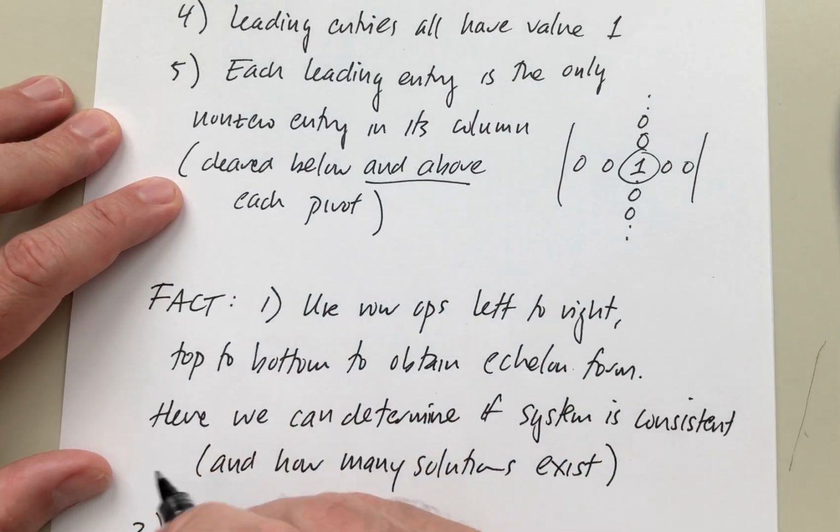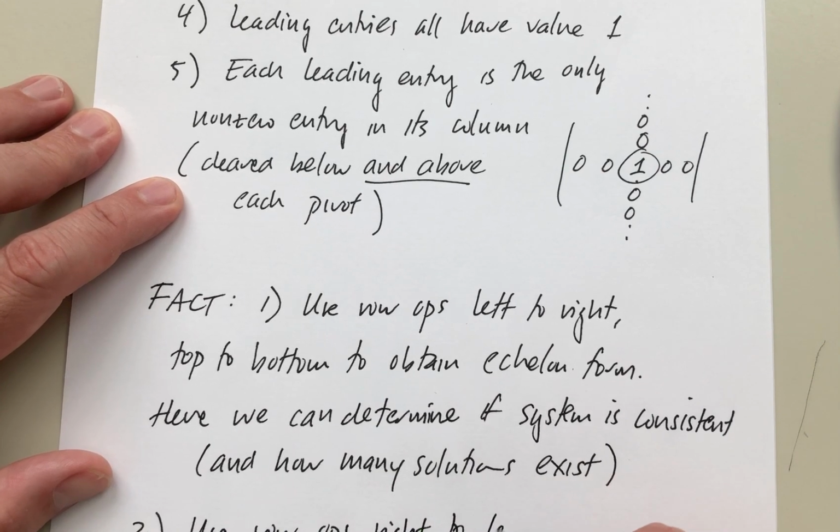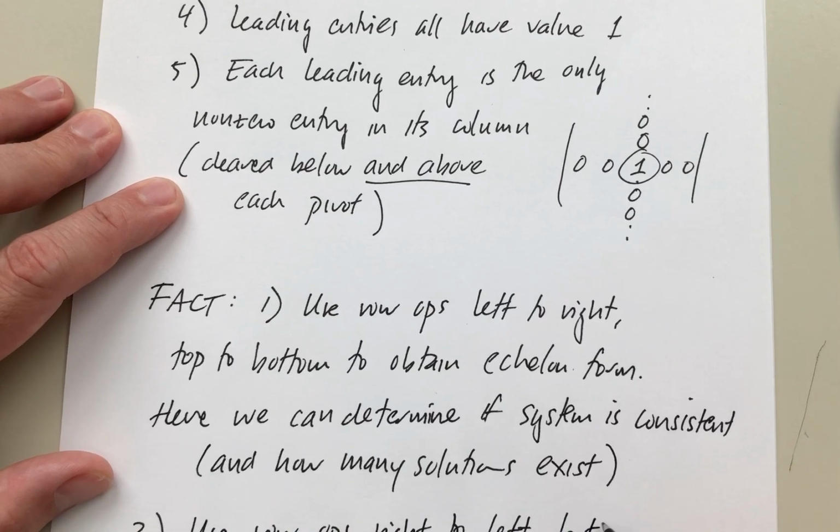And maybe fact 2 is that we use row operations now right to left, bottom to top, to obtain the reduced echelon form.